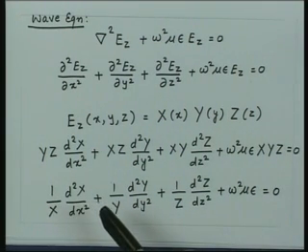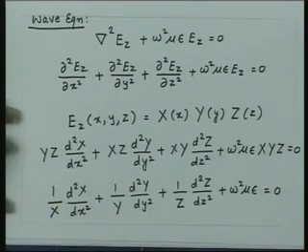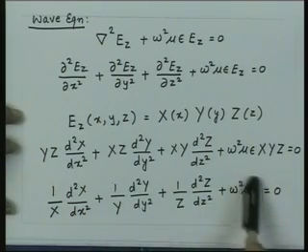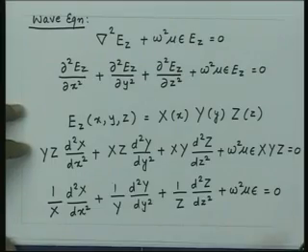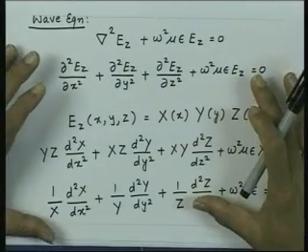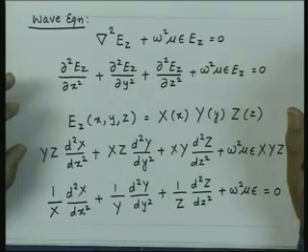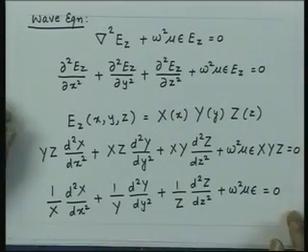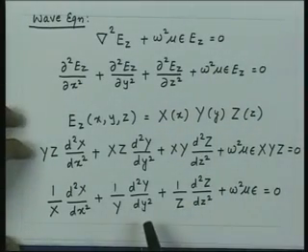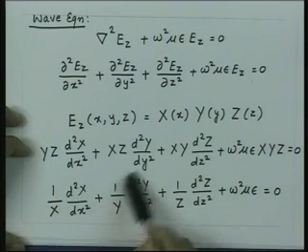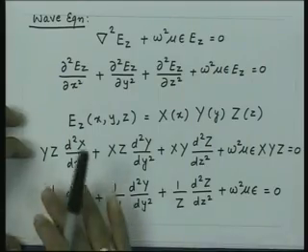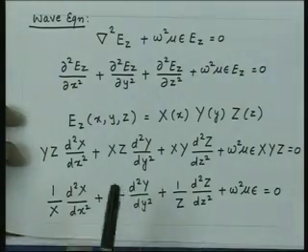Now, this quantity is only a function of x, this quantity is only a function of y, and this quantity is only a function of z, and this is constant. Now, this equation whatever you have written, it should be valid at every point in space. So, this equation must be satisfied by every point x, y, z in the 3-dimensional space, and that can only happen provided each of these terms is a constant quantity. So, this should be a constant, this should be a constant, this should be a constant, then and then only this equation can be satisfied by every value of x, y, z.